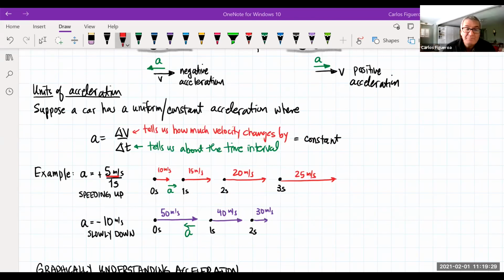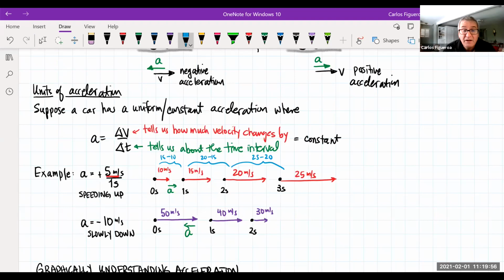And if I keep moving along the same example, you could see that at every interval from here to here, 15 minus 10, from here to here, 20 minus 15, from here to here, 25 minus 20. You could see that I'm constantly changing by 5 meters a second.